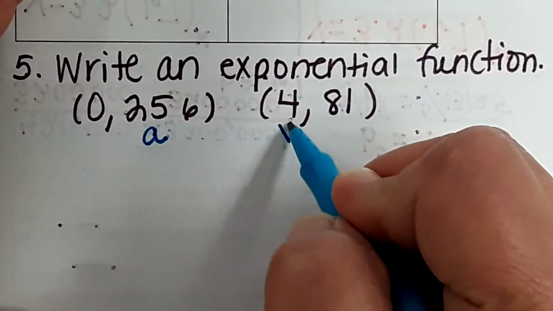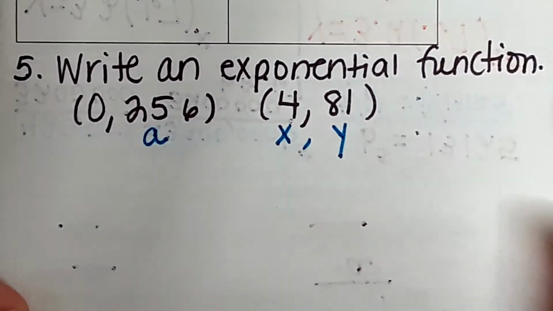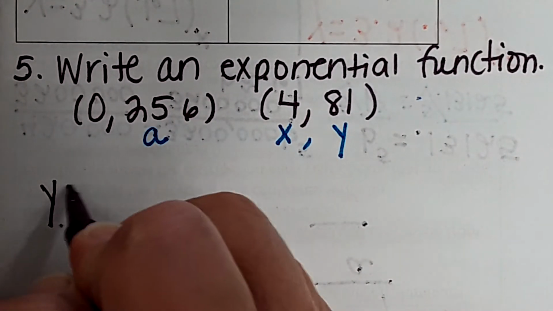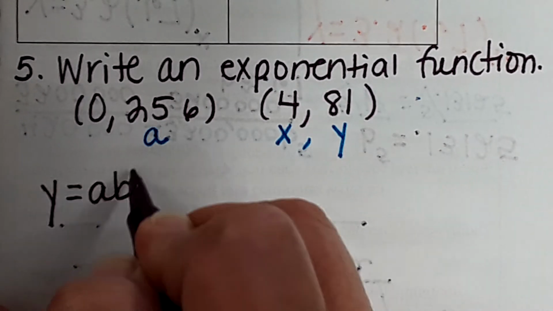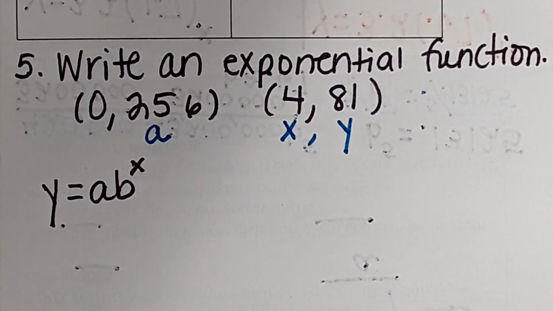This is your X, and this is your Y. Remember, your exponential function is this. They're never going to give you a B. They're going to give you an A, an X, and a Y. It's our job to go in and find the B, okay?